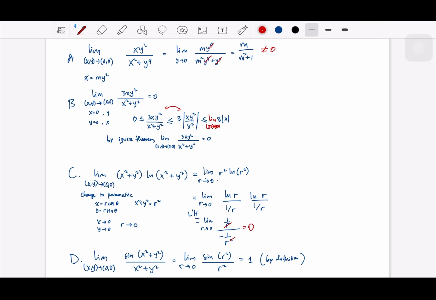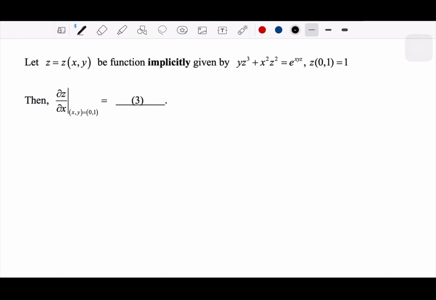Okay, you can take notes and we'll go through another question. Now I have another question. It's still about chapter 14, now specifically on implicit partials.